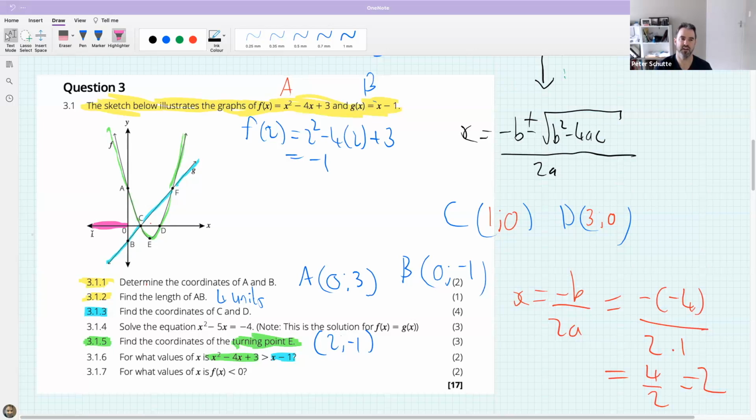Yes or no? What do you think? In this part here, is the green graph above the blue graph, or is it below the blue graph? Yeah, so it looks to me over here, the green graph, or the x squared minus 4x plus 3, is above the blue graph, and they want to know for what values of x this happens.